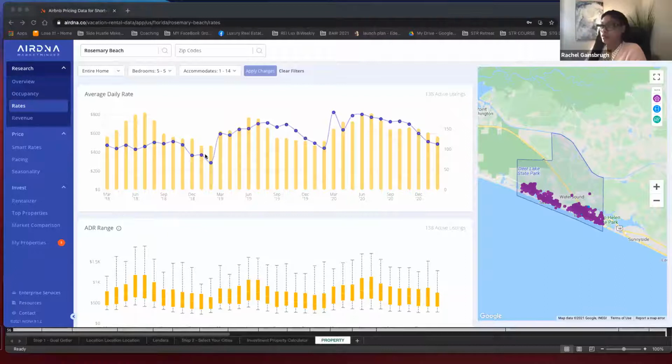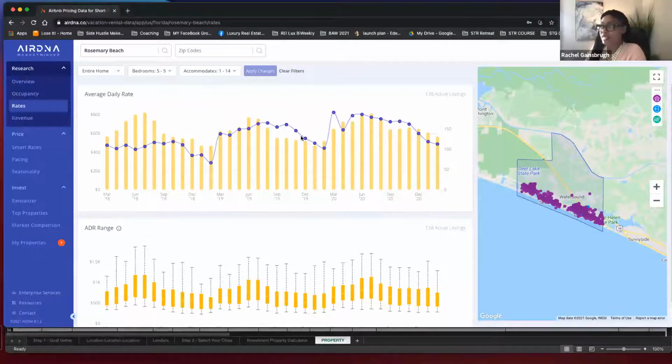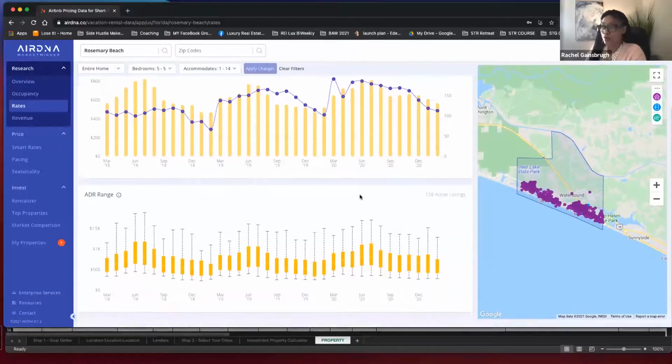Okay, so again, this is average daily rate, guys. Down here is where I spend a lot of time. These are the quartile views. It gives you the range. We're going to see the lowest 5% all the way to the top 95th percentile.